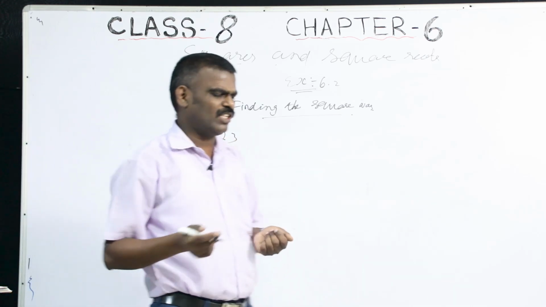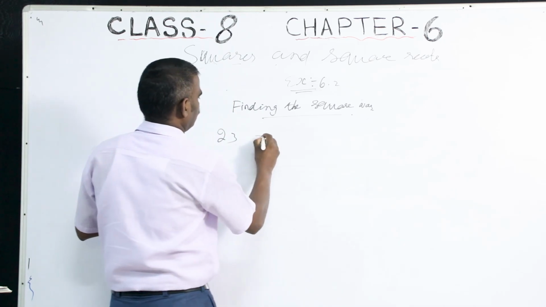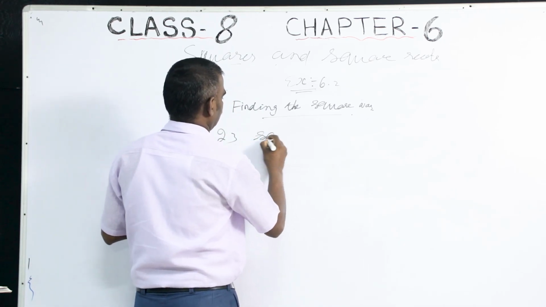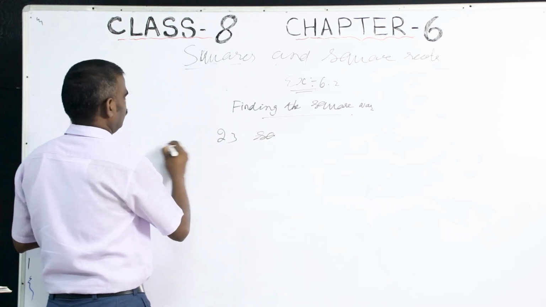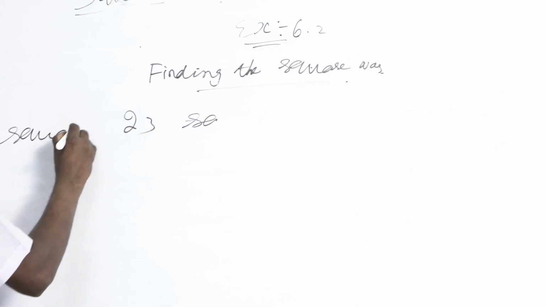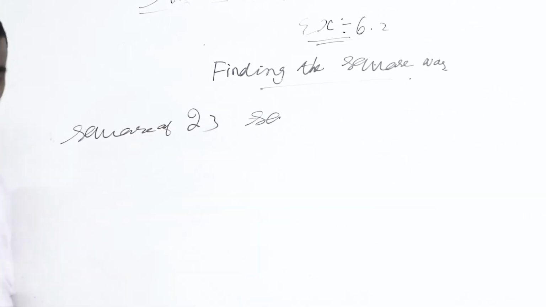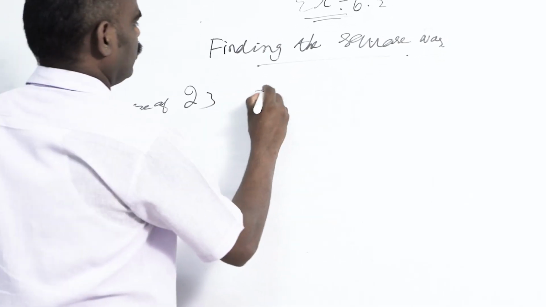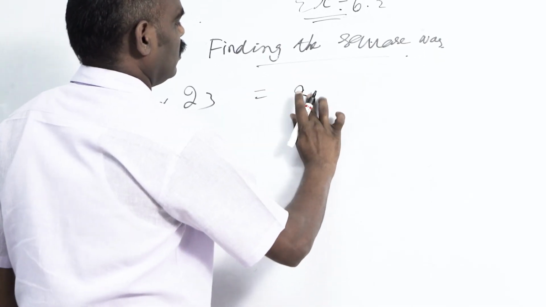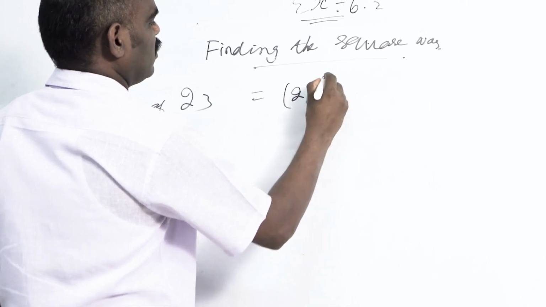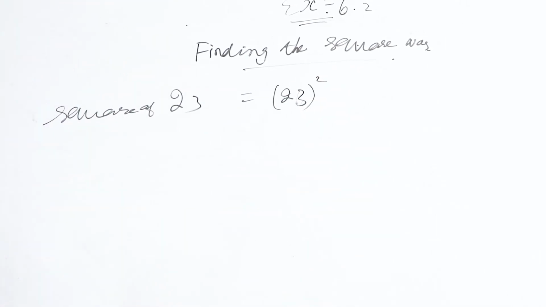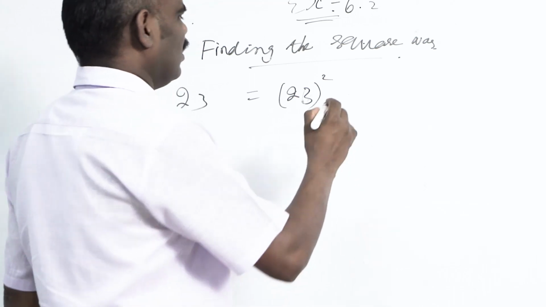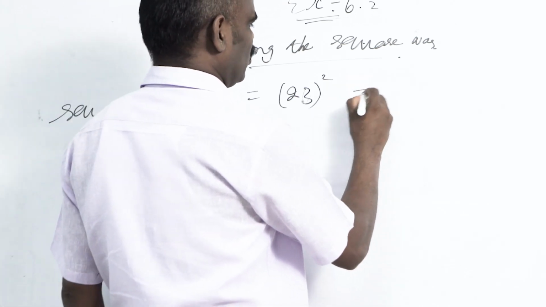How to find the square of 23? Square of 23 is 23 into 23, right? That is a long method. So you have a shortcut, which one?